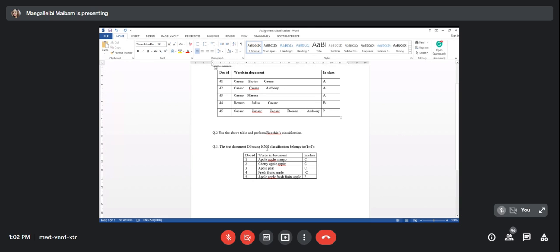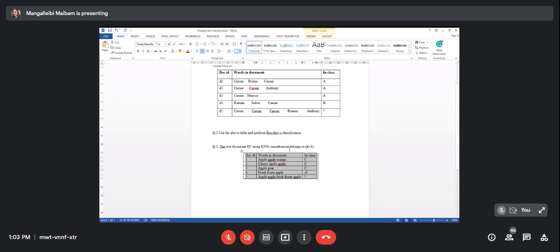For KNN classification, I'll send the materials now, and you can go through the material and solve these questions. These are simple questions on K equal to 1 and K equal to 3.